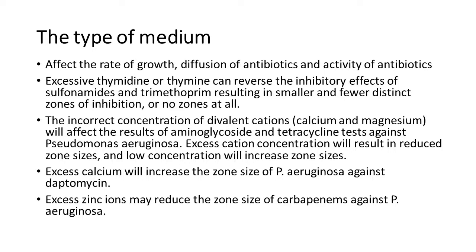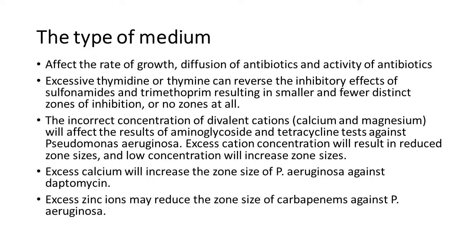For example, if the culture media contain excessive thymidine, it can reverse the inhibitory effect of sulfonamide and trimethoprim, which leads to a smaller zone of inhibition, or no zones.